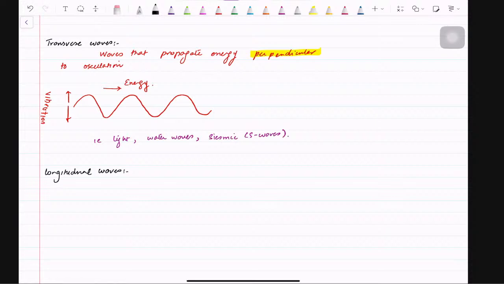So longitudinal waves can be regarded as waves that propagate energy parallel to oscillation. Okay, so what it means is that this is the keyword.